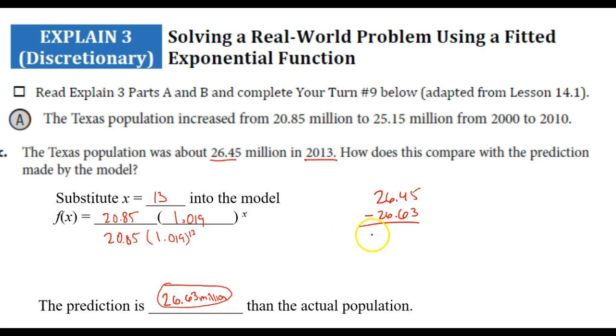So our prediction is off by about 0.18 million people over, actually. And it's pretty close though. So we can definitely use this model to make some predictions.